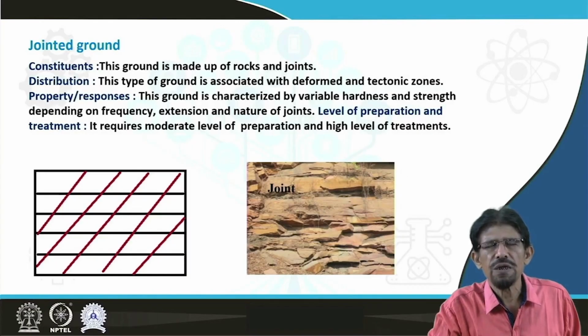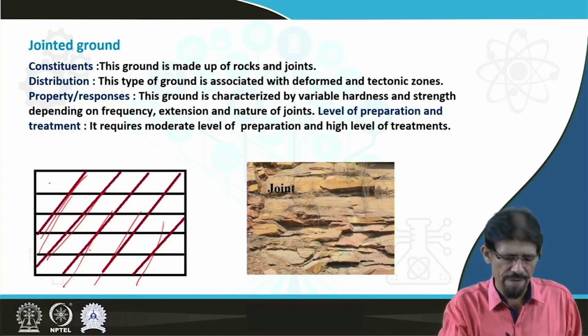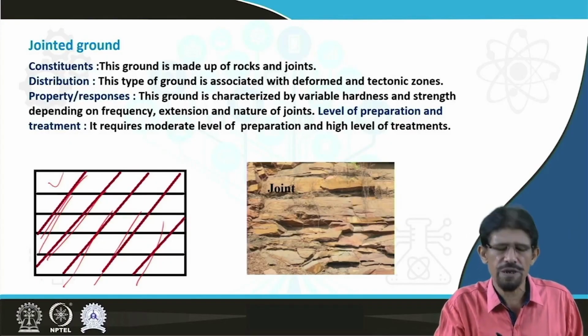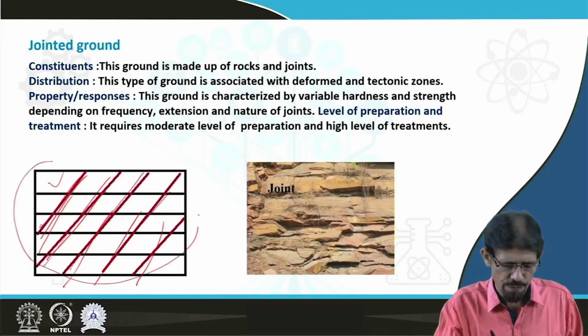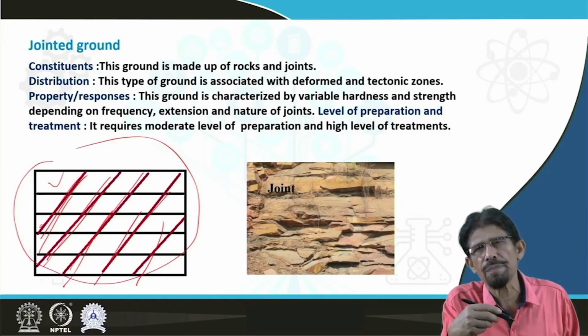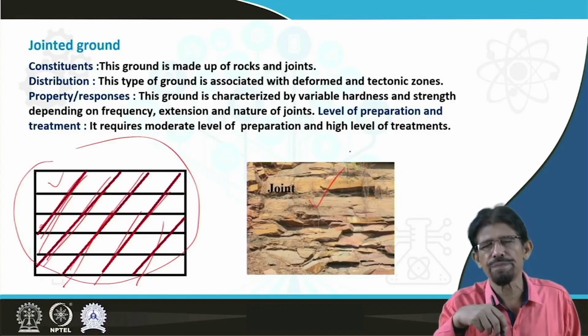This ground is traversed by a number of joints or interfaces, and as you know, the simple presence of a crack or fracture is going to damage a whole building. So imagine this number of interfaces is going to change the status. Similar to the fractured ground, this ground also requires a moderate level of preparation and a high level of treatment. This is also a view from the Dhanrol quartzite or the Dhanrol quartz granite.